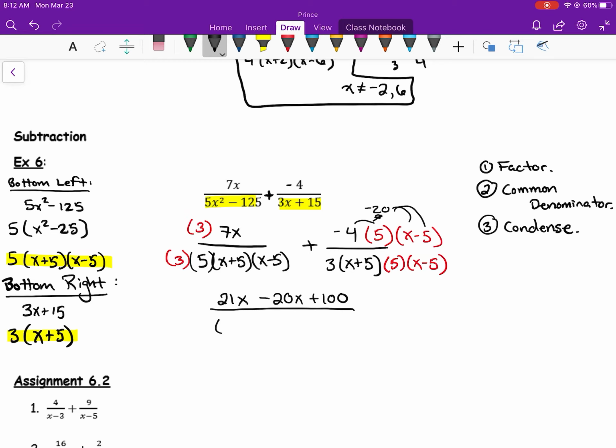All divided by 3, 5, x plus 5, and x minus 5. We are now condensed. Let's simplify.